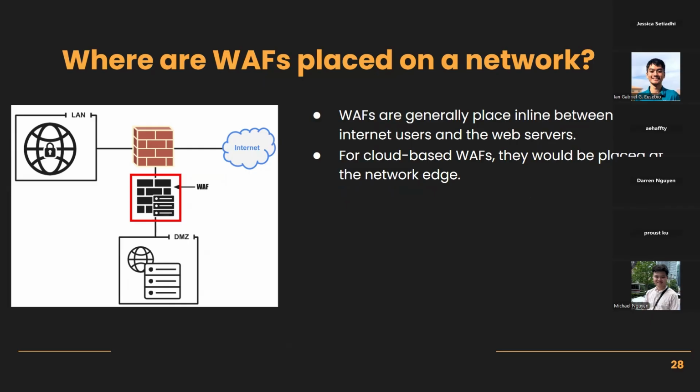Sometimes the WAF is going to be installed on the web server. We'll get into that in a few slides. But basically, they're going to be placed in line between the users from the internet and the web server. And cloud-based WAFs are going to be placed on the internet, at the network edge, where they can see pretty much anything that's web-based.